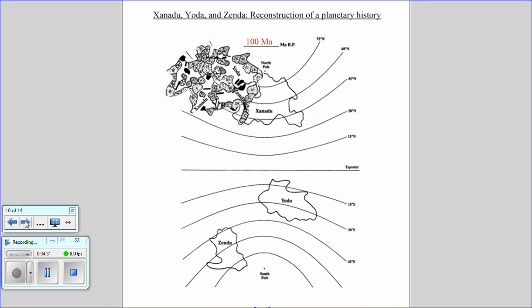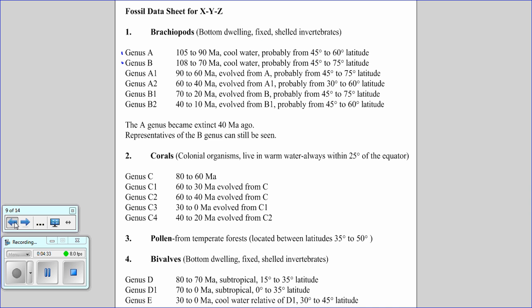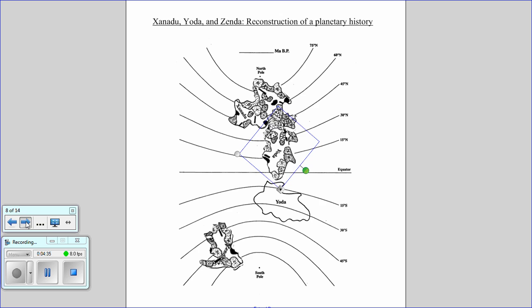So back on my continents, I'm going to look for any fossils that are A or B. Here you will notice a B, here's also a B, and here is a B. On this continent, Iota, you will notice that there are not any of the fossils we are looking for. However, on Zenda, there's an A located here and an A located here.